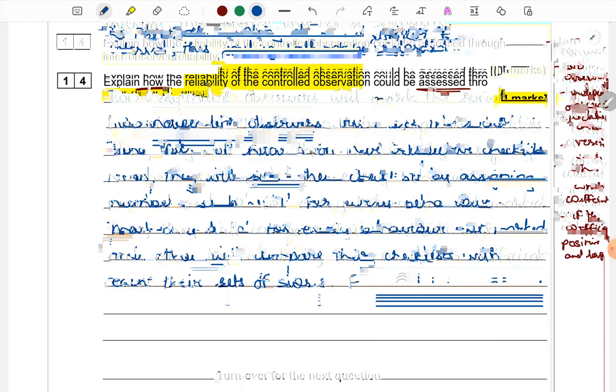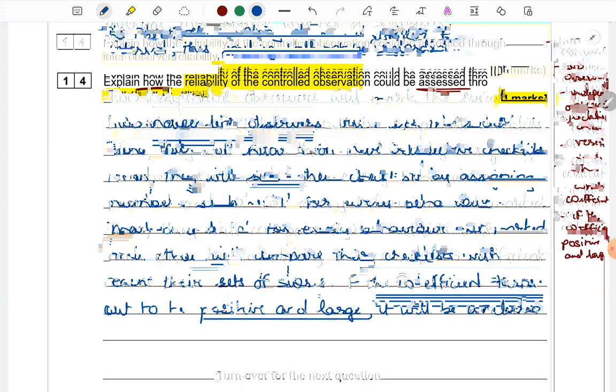If the coefficient turns out to be positive and large, it will be concluded that the reliability of the controlled observation is high.